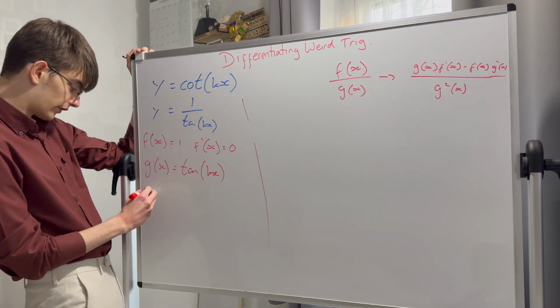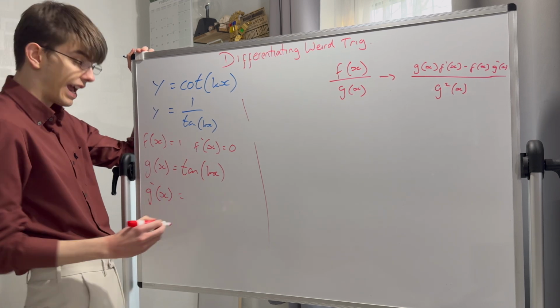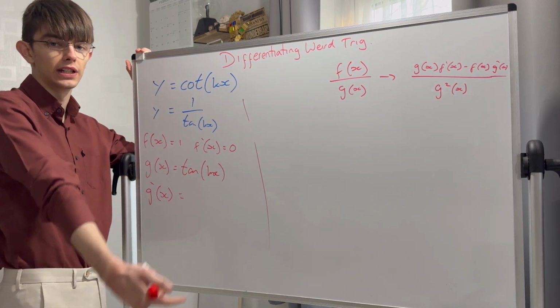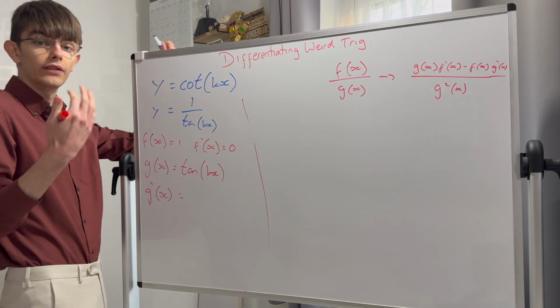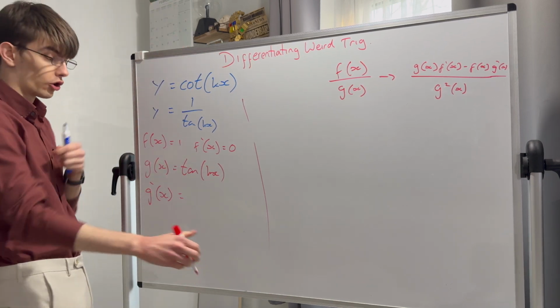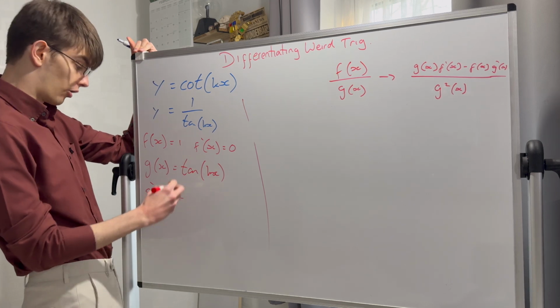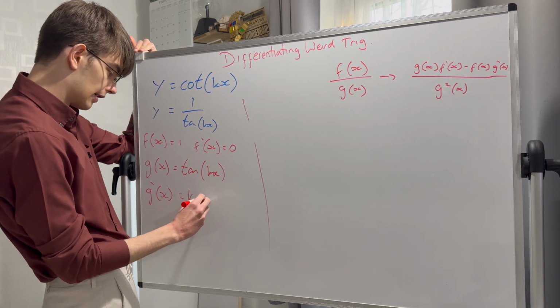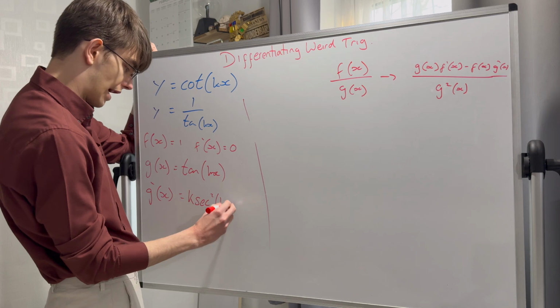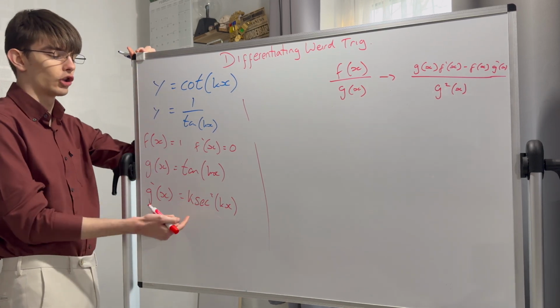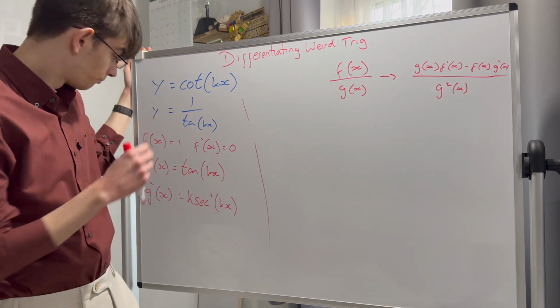Now, the derivative of tan, g prime of x, I have proven in my quotient rule video. So if you're not happy with the derivative of tan of x, please go and rewatch that video. But for now, I'm just going to state that it is k sec squared kx. Okay? Tan differentiates into sec squared, bring out the k.